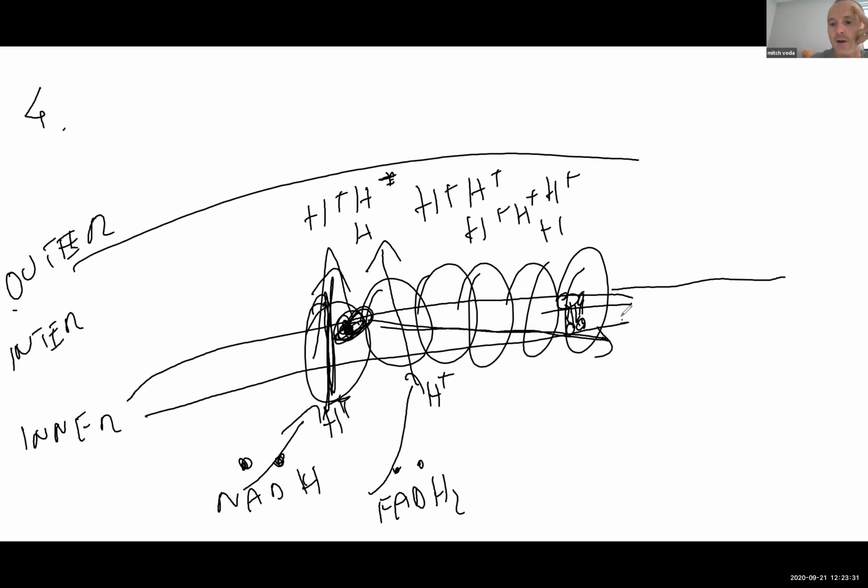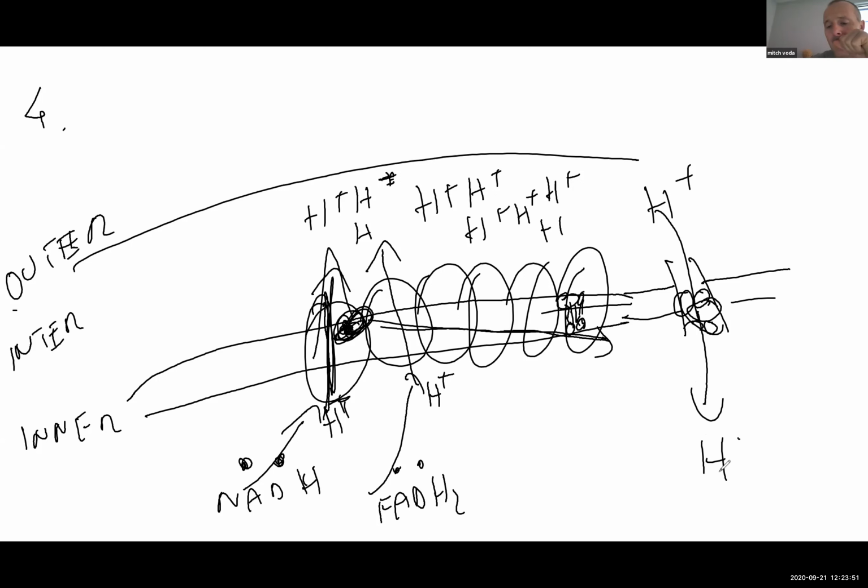Now these hydrogen ions come back through this machinery that I talked to you about earlier. This machinery that has wheels right here, I'll show you in a second. So hydrogens come back, and as they come back in here, this machinery spins.